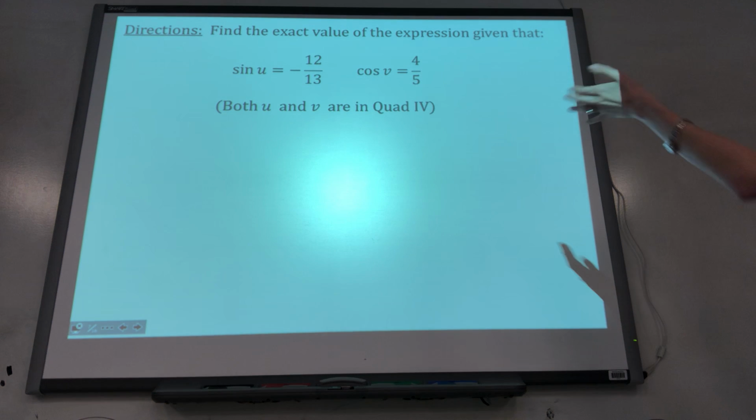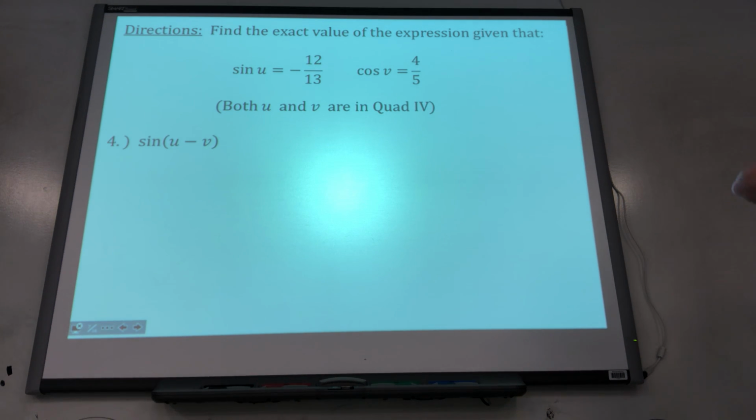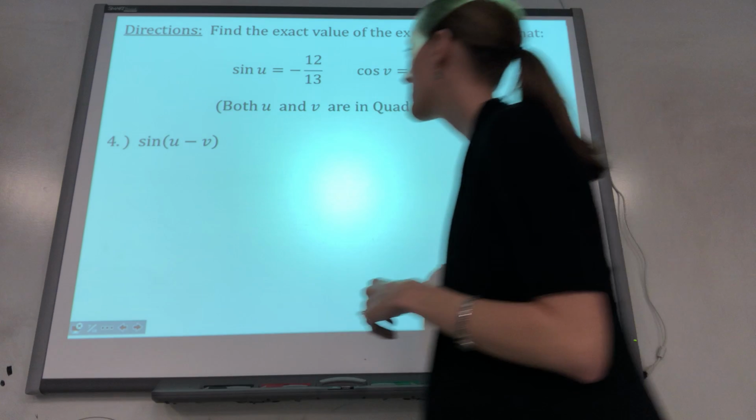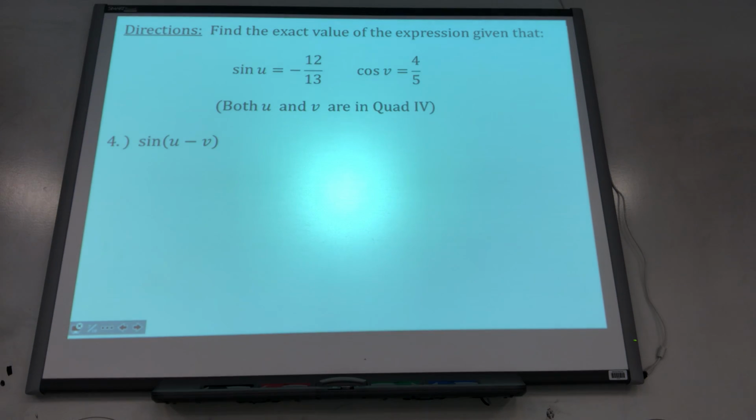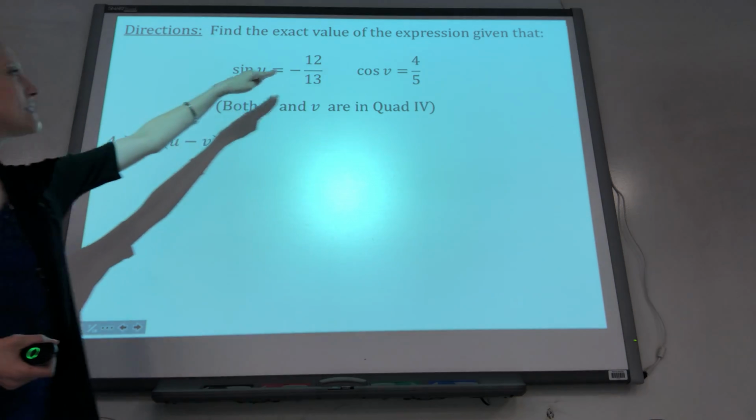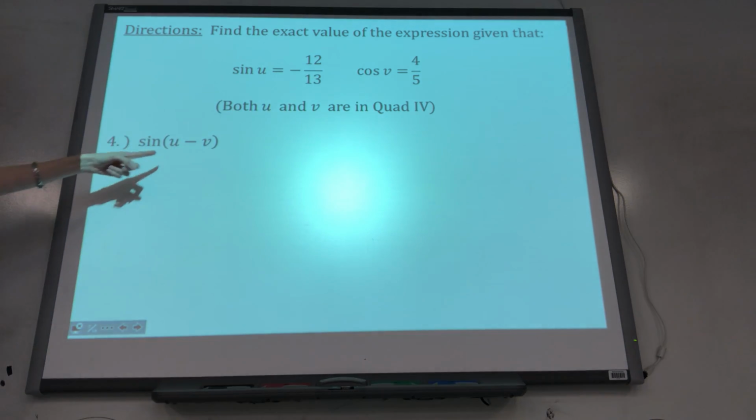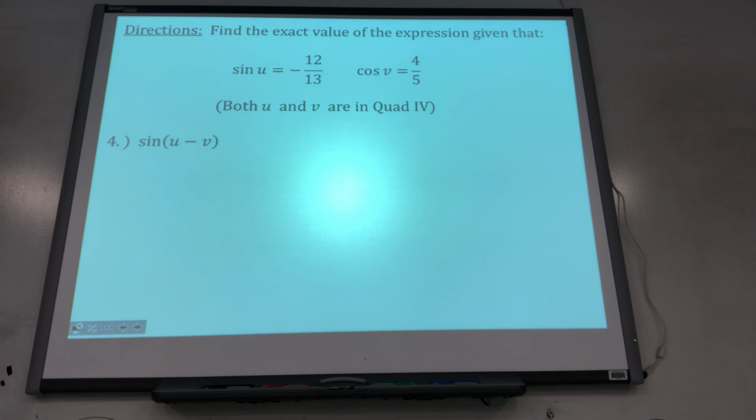Okay, so let's see what we have to find with number 4. It says sine of u minus v. Now, before I use those numbers up there, let me just go back to the formula for the sine of u minus v. Let's write this out real quick.